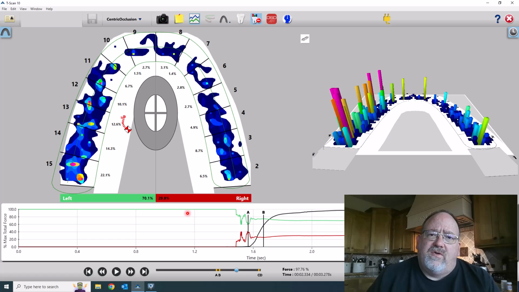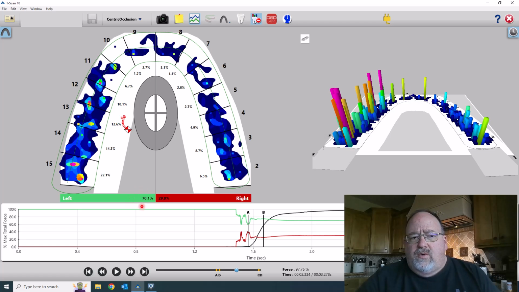So these patients remain a bit of a black box, and they get bounced around from doctor to doctor. But put a T-scan in their mouth and you find out that 70% of total bite force is on one side. And I wonder if that has anything to do with what the patient is purporting.